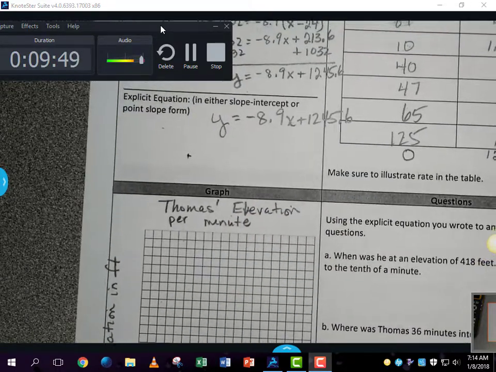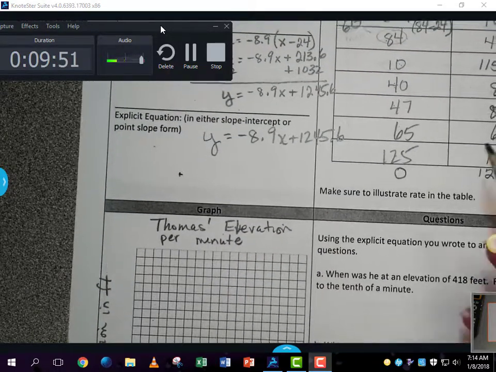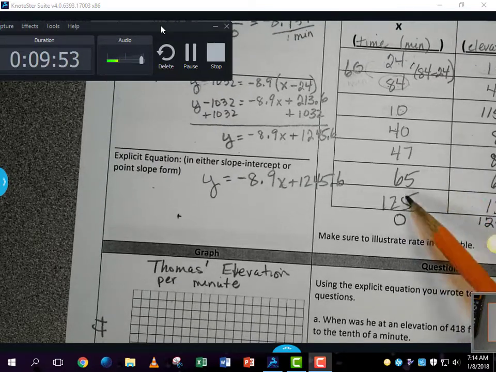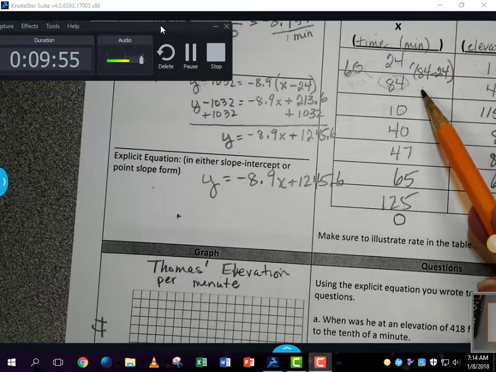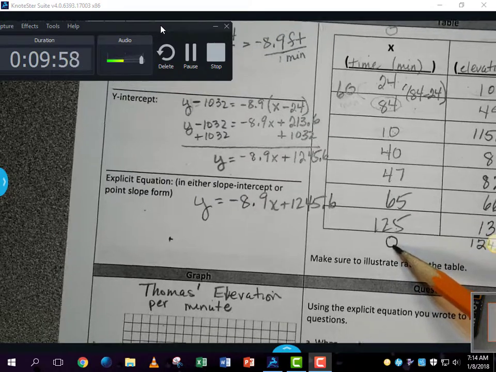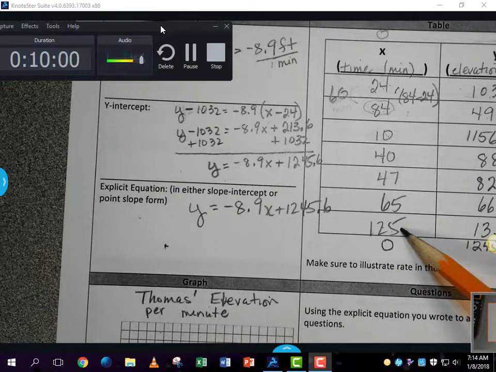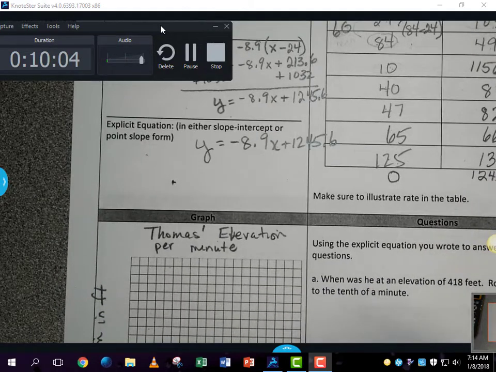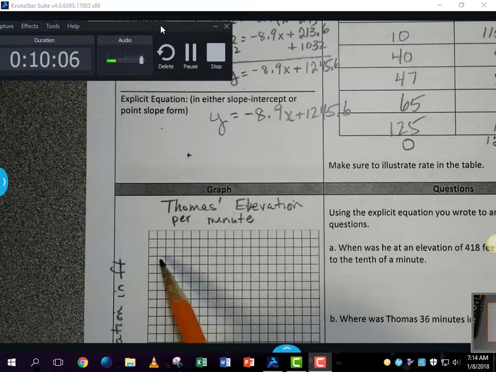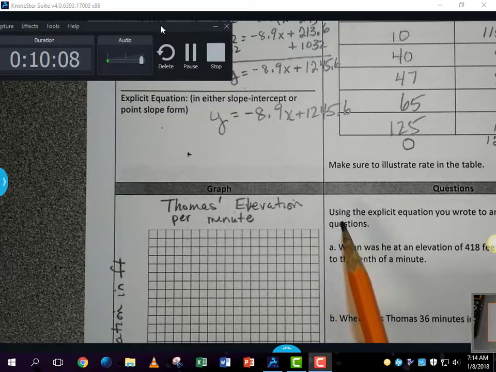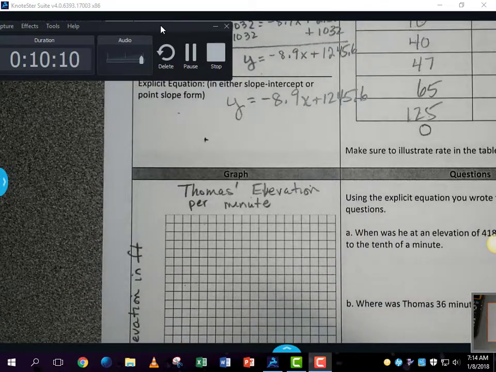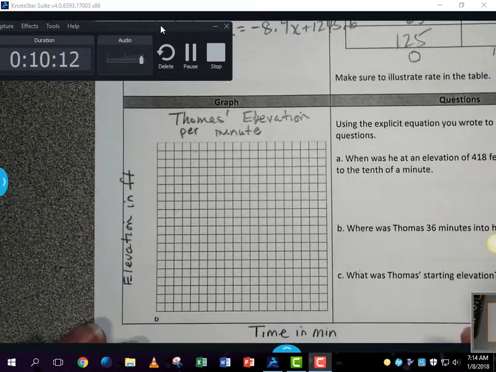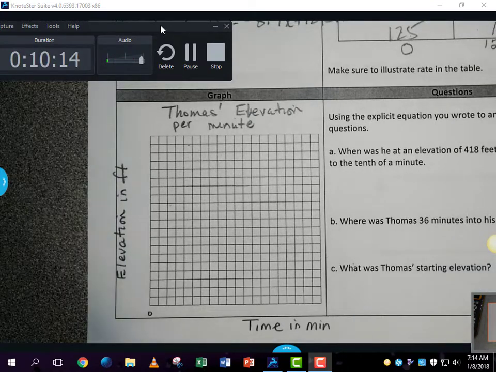For my time, I'm going to start at 0 minutes, and I can go all the way up to 125, because I have 0 as my low and 125 as my high. And I have 20 of the little grid lines, 1, 2, 3, 4, all the way up to 20. So I'm going to start at 0, and I need to at least have enough to get to 125.